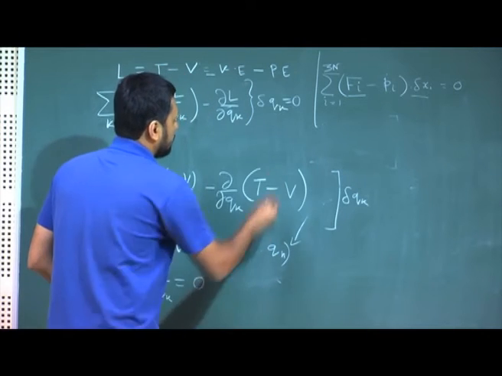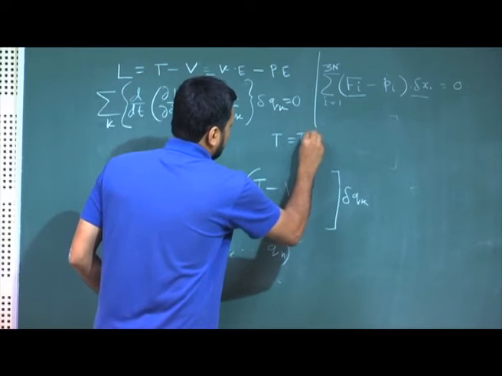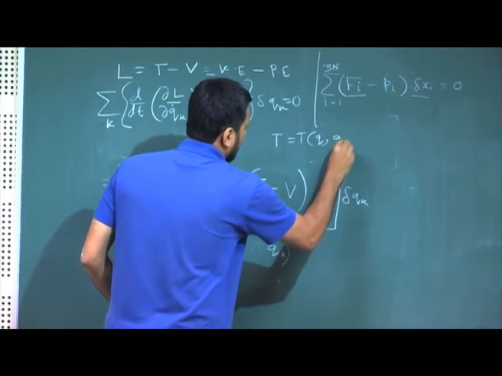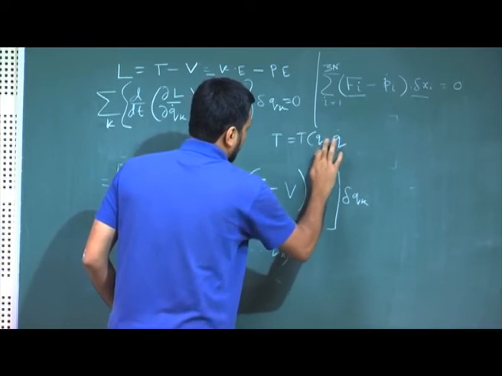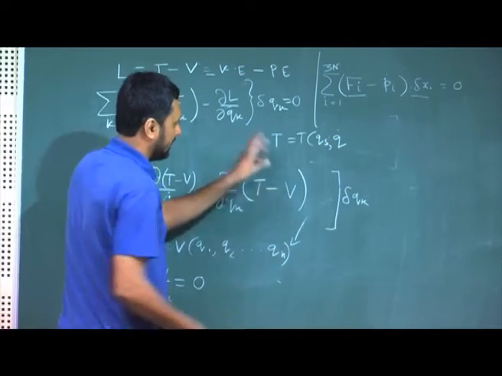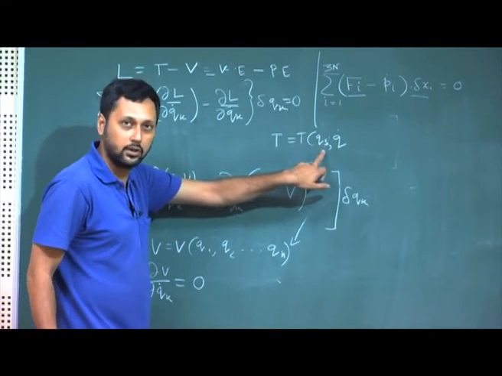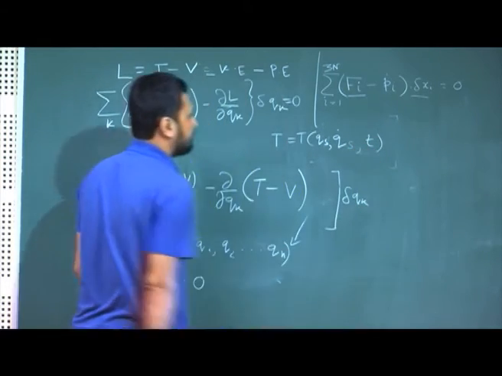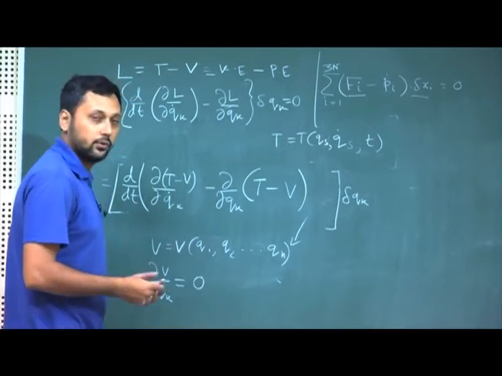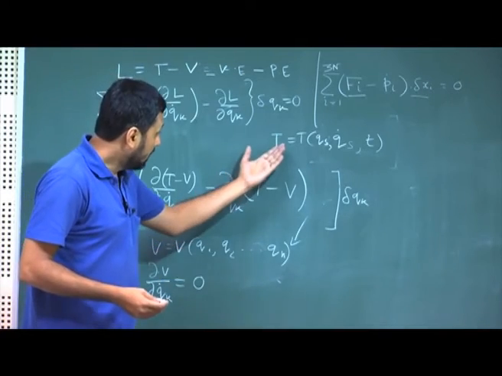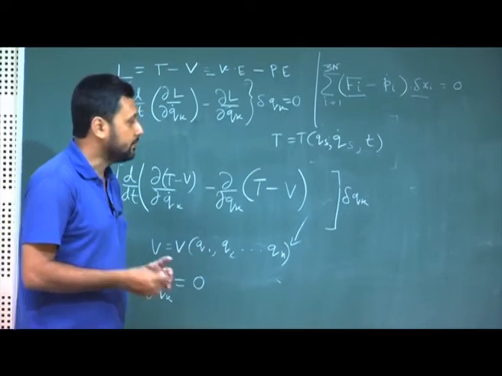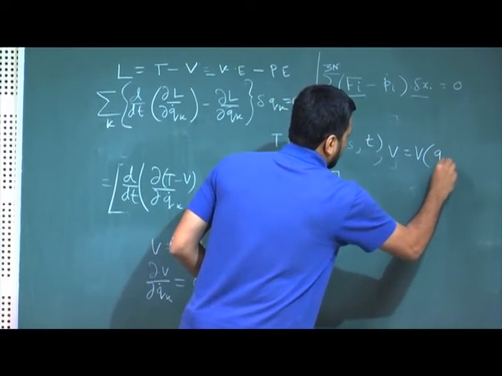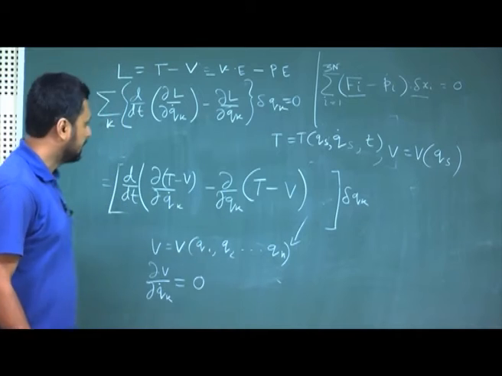So, we have a situation where T is a function of Q's, Q dots, and time, I mean of course, kinetic energy might vary as a function of time, and V typically is a function of Q's only, right.